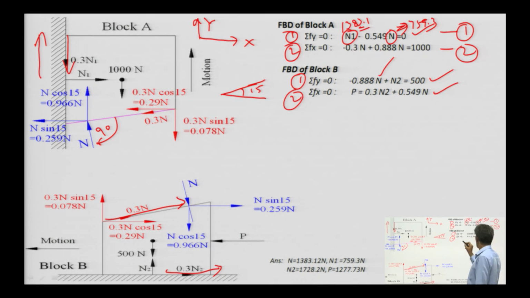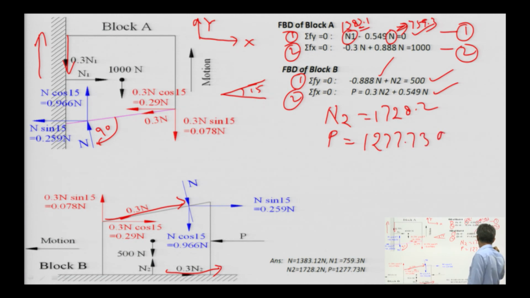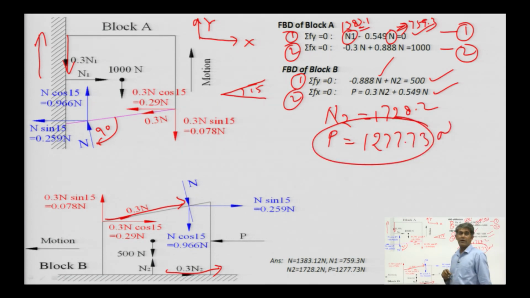So, the values of N2 and P can be calculated. The value of N2 is 1728.2, and the value of P is 1277.73 Newton. So, this is the value of force P that must be applied in the horizontal direction to impede the motion.